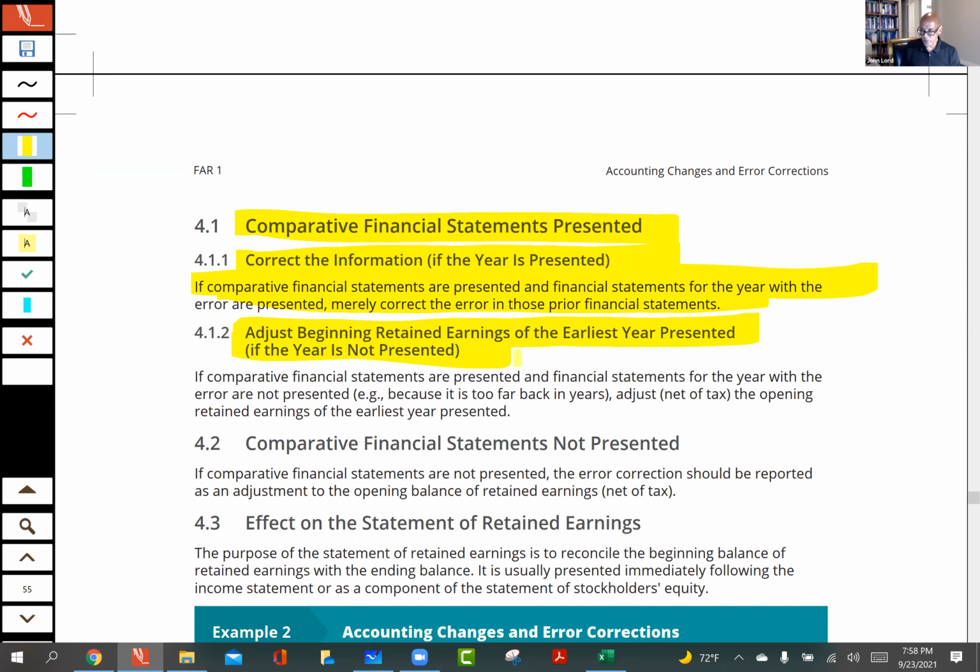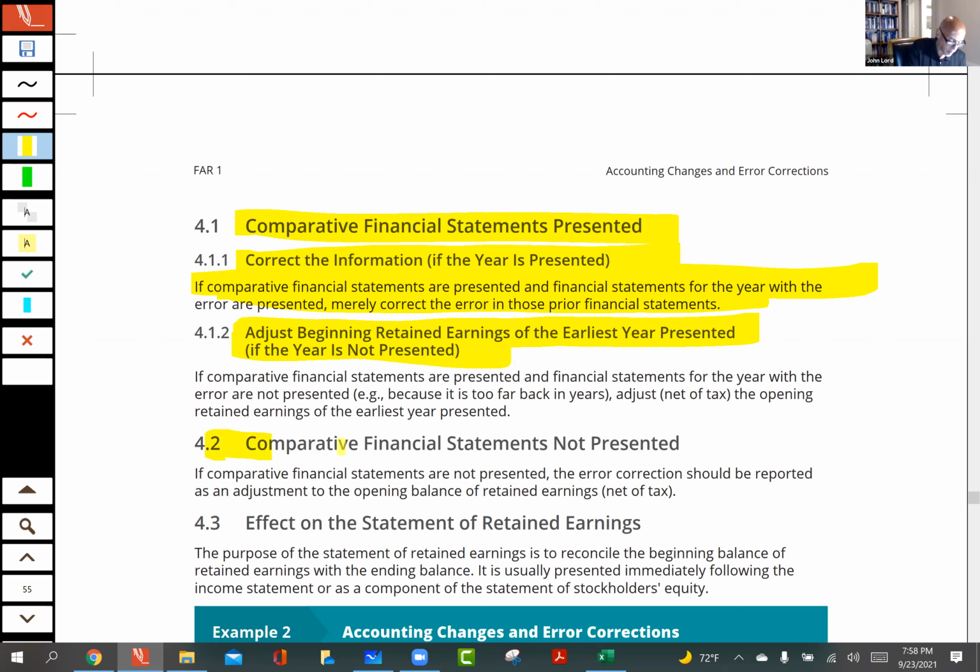Does that sound familiar? So if the error was made in 2018, then we'll make a cumulative effect adjustment to what? To the beginning retained earnings of 2019. If the error was in 2019 and we're presenting 2019, then simply restate 2019.